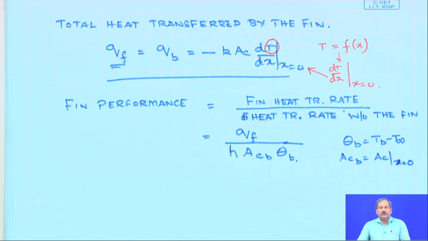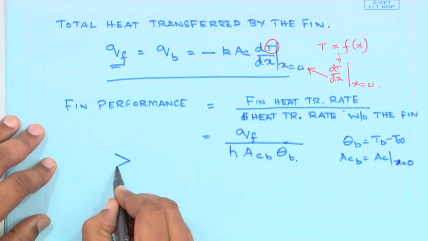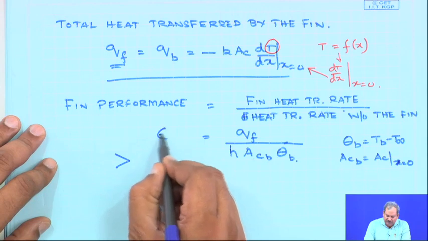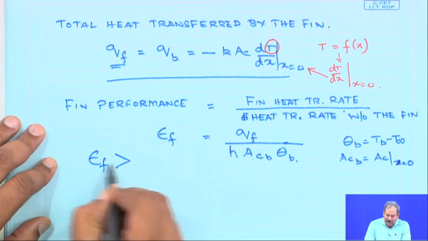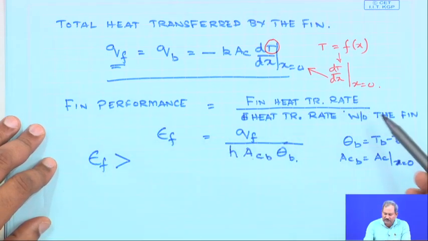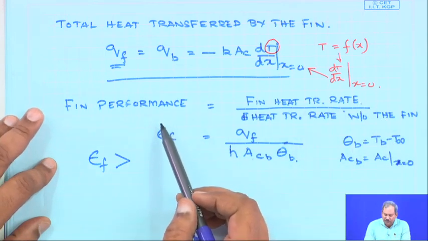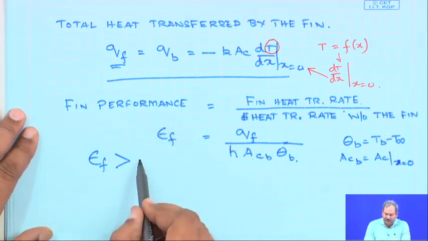Obviously, in order to justify the use of the fin, the amount of heat taken up by the fin must be more than when the fin was not there. So, this fin performance, denoted as epsilon f, must be greater than 1. Unless you take out more heat than you could when the fin is not there, the use of a fin is not justified.